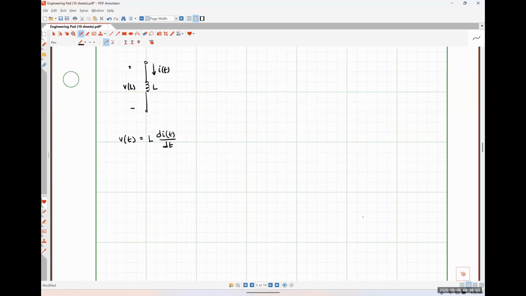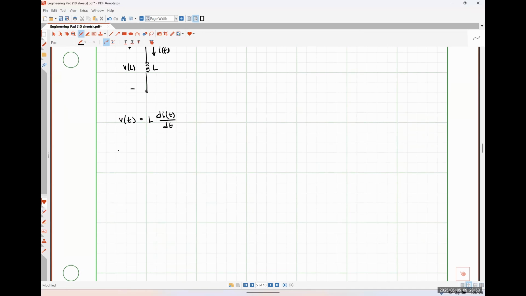And so when I substitute things in, that's going to look like Vm e to the j omega t, e to the j theta v, is equal to L times the derivative with respect to time of Im e to the j omega t e to the j theta I, like so.